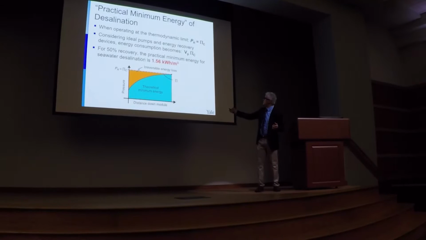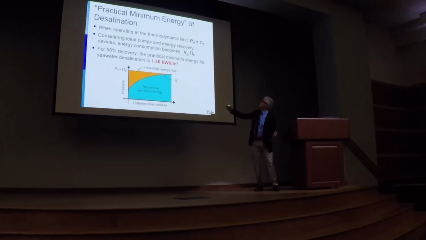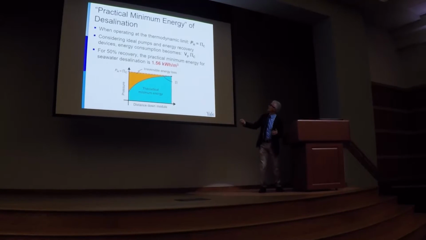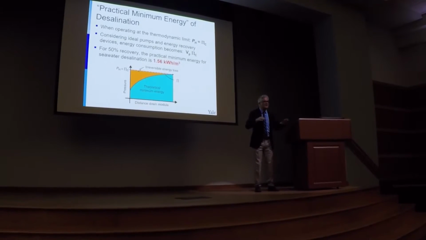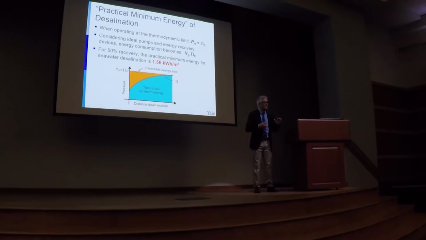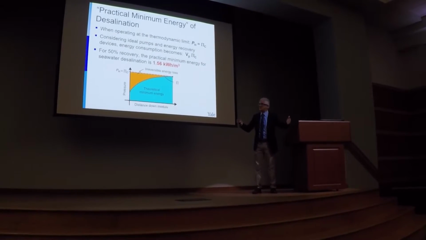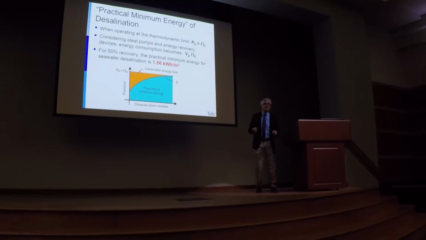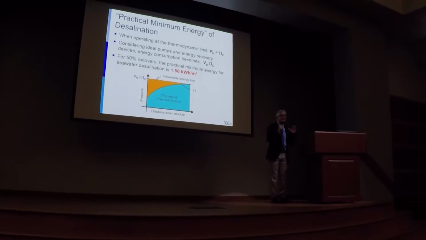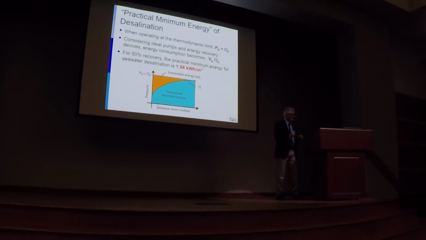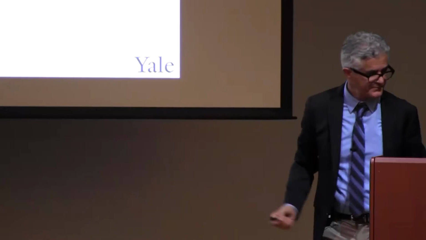It means if you have 50% recovery, it will be 54 or 55 bar, which is equivalent, if you do the calculation of this pressure, to 1.56 kilowatt hour per cubic meter, assuming that everything is ideal, the pumps and so on. So the way we operate reverse osmosis nowadays, in one stage and so on, you cannot do less than 1.56 kilowatt hour per cubic meter, and this is the practical minimum energy of desalination, because of the way we operate the plant, applying such pressure here.